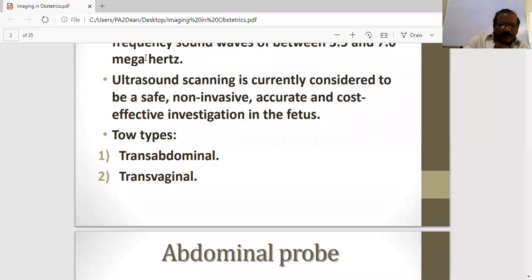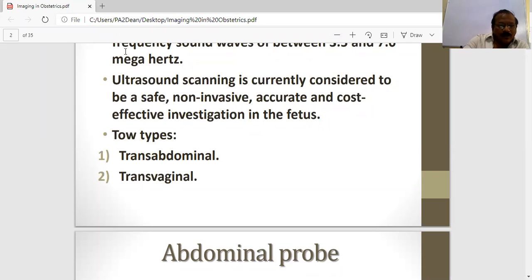There are two types, mainly transabdominal and transvaginal. Transabdominal ultrasound has to be done with a full bladder to visualize the pelvic organs. In transvaginal ultrasound, we have to empty the patient's bowel and empty the bladder.